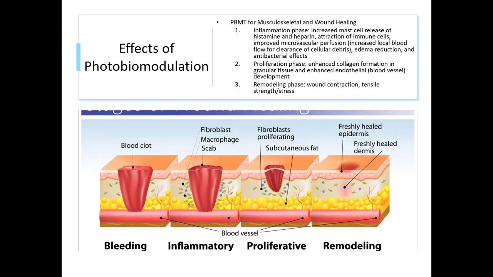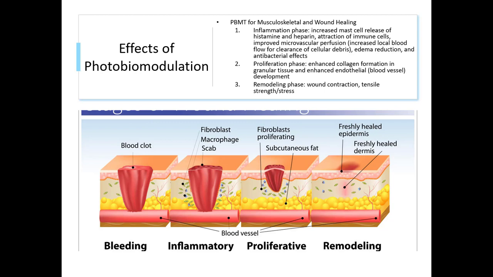Other effects of photobiomodulation. Photobiomodulation can be utilized to help treat musculoskeletal injuries and to promote wound healing. During the inflammatory phase, we see an increase in mast cells that release histamine and heparin. There's an attraction of immune cells.